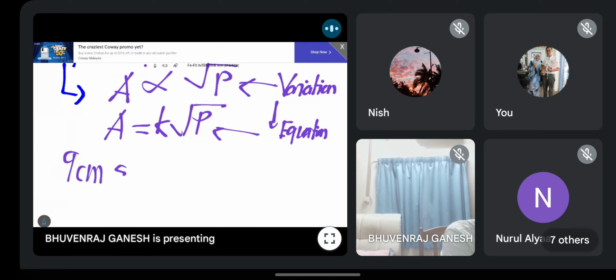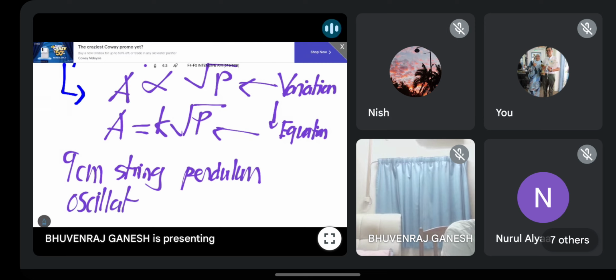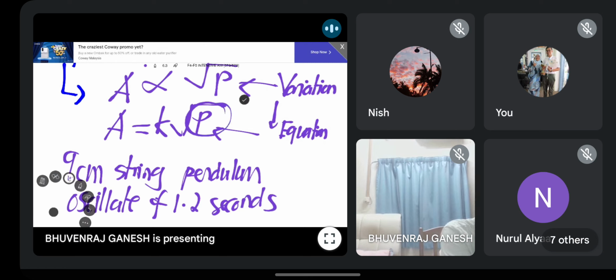Okay, let's say panjang string pendulum tu 9 cm dan tempo ayunan dia adalah 1.2 saat. Okay, so this is the information. So guys, nilai P ni, the P value, what will I substitute with?